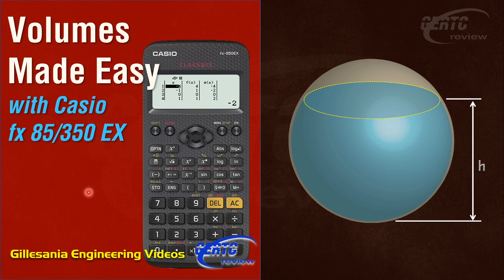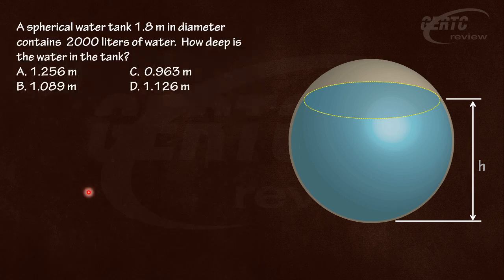All right. So we will have here an example. I will give you two examples in this video. One is a spherical segment. We will solve this both using formula and using function, with the help of our calculator. We have here a spherical tank, 1.8 meters in diameter, containing 2,000 liters of water, or that's 2 cubic meters.